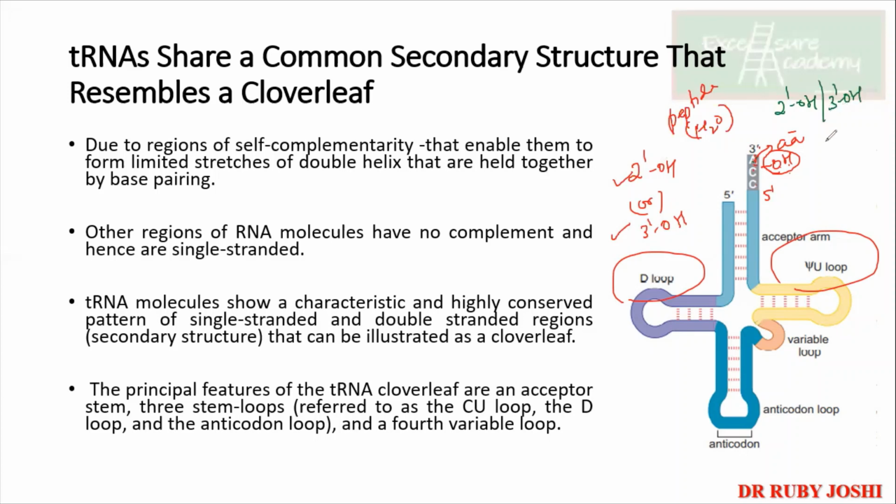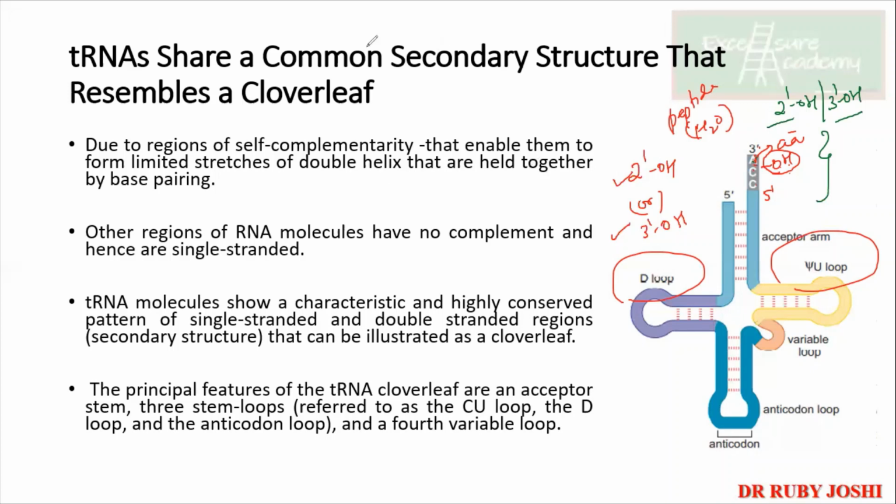Depending on the tRNA synthetase class, class 1 or class 2, the tRNA molecule gets charged with the amino acid either at the 2-OH or at the 3-OH. Is this part clear to you guys?